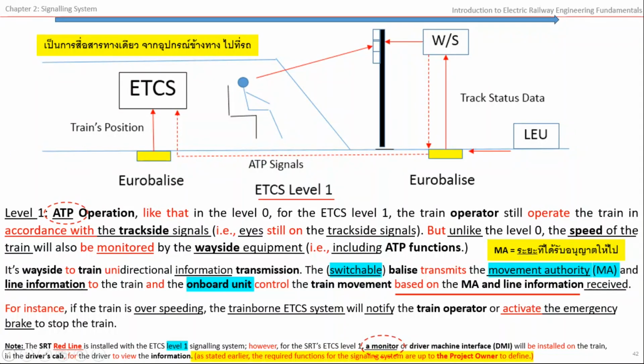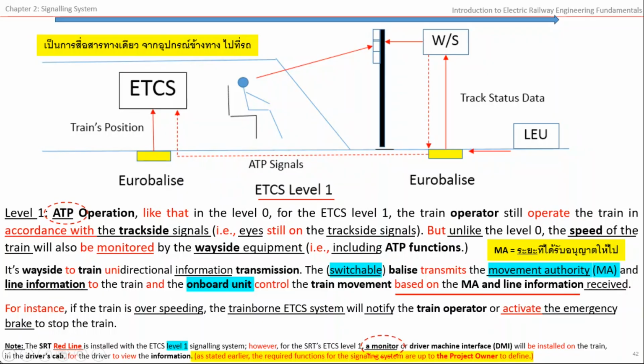Meaning that if the train operator overspeeds the train, the onboard ETCS system will notify the train operator to reduce the speed, and the onboard equipment can activate the emergency brake to stop the train. This is ETCS level 1 according to the literature.